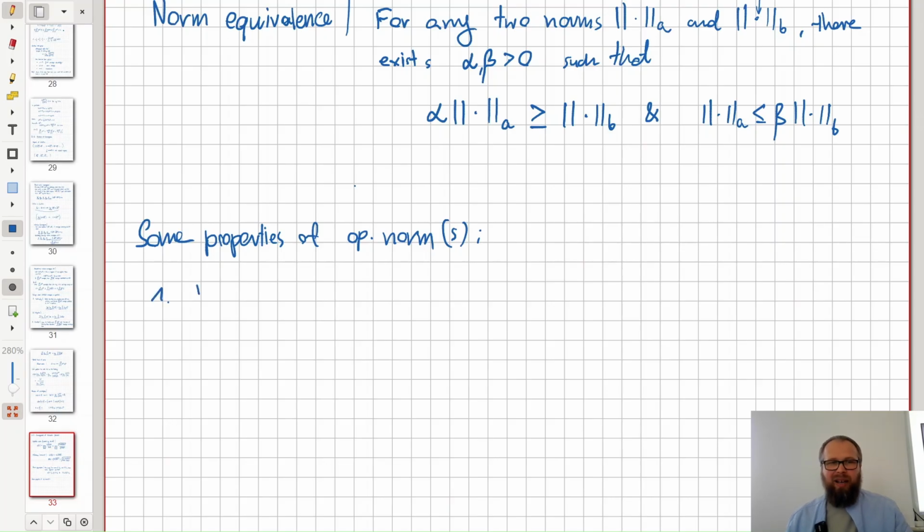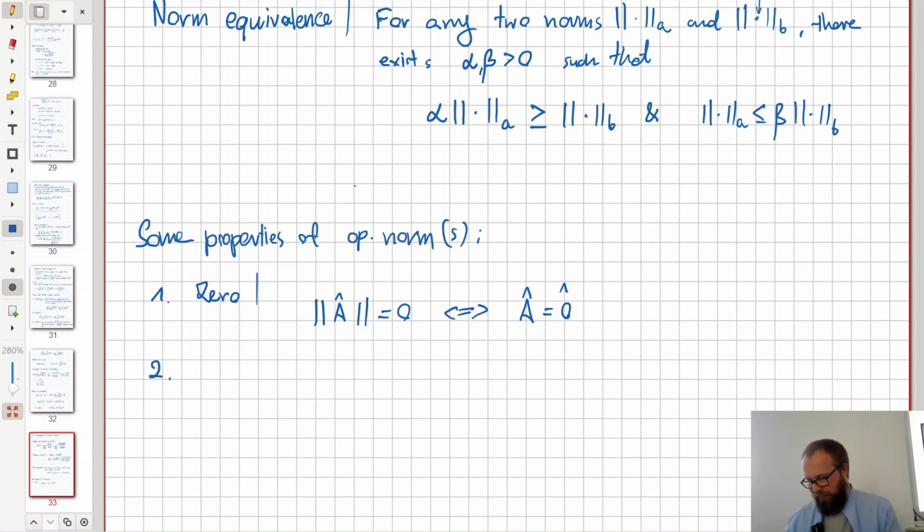So property 0 means that the norm is 0 if and only if we are dealing with the zero operator. This is required of any norm, and has to be true for any norm. The zero operator is the operator that, when it acts on something, zeros it. So this is a property that has to be there.